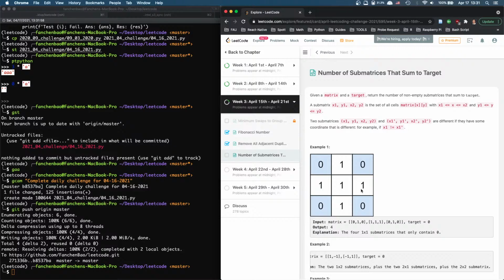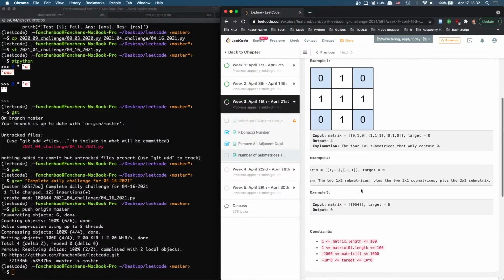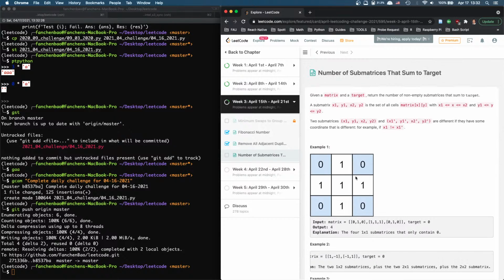Hold on. Okay, the total number of submatrices.